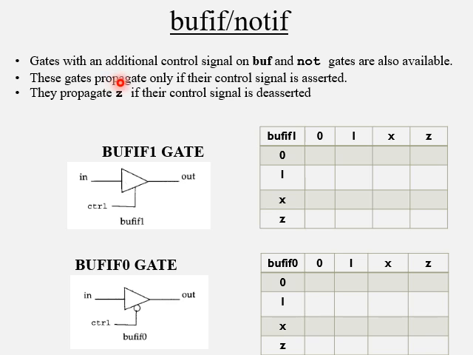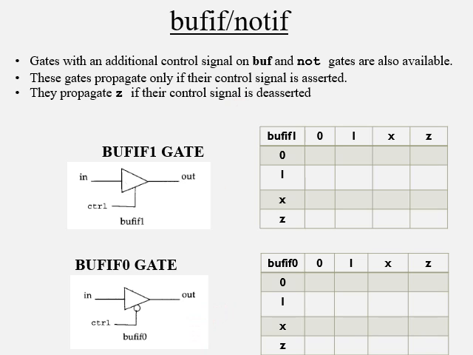These gates propagate only if their control signal is asserted. In some cases there are multiple drivers, so we want to drive the signal based on the control signal, that is, only if the control signal is active it will drive the signal. If the control signal is inactive, then they propagate Z or high impedance to the output.